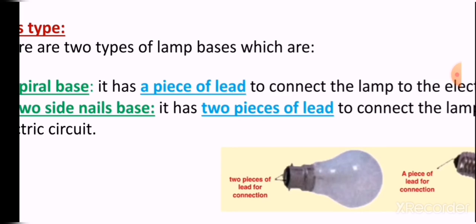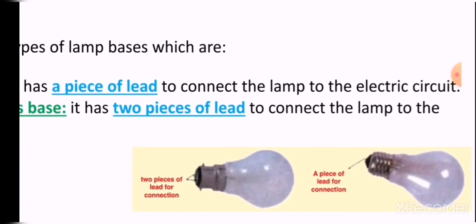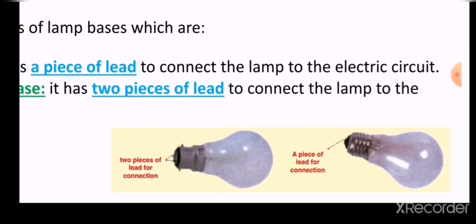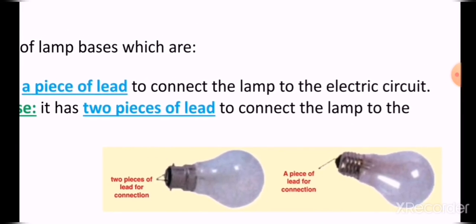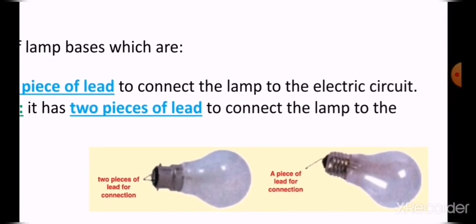The spiral base, like this, has a piece of lead to connect the lamp to the electric circuit.